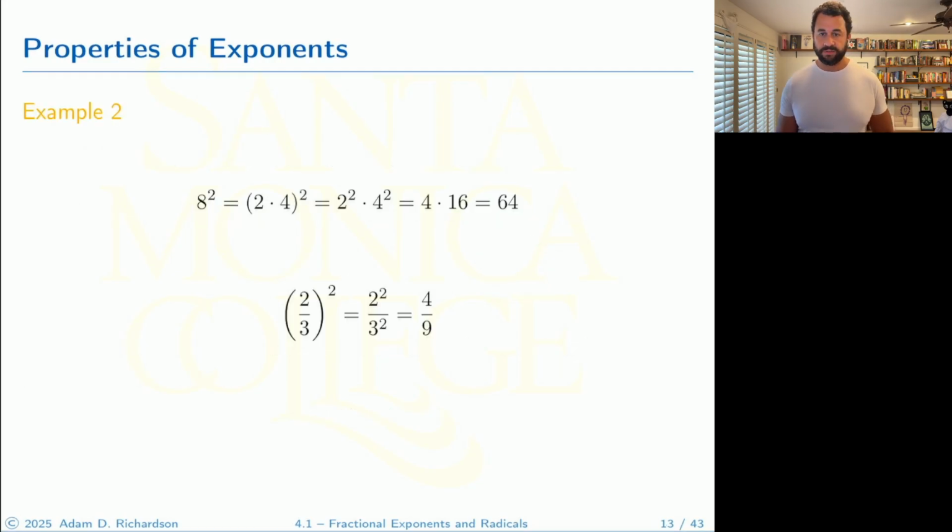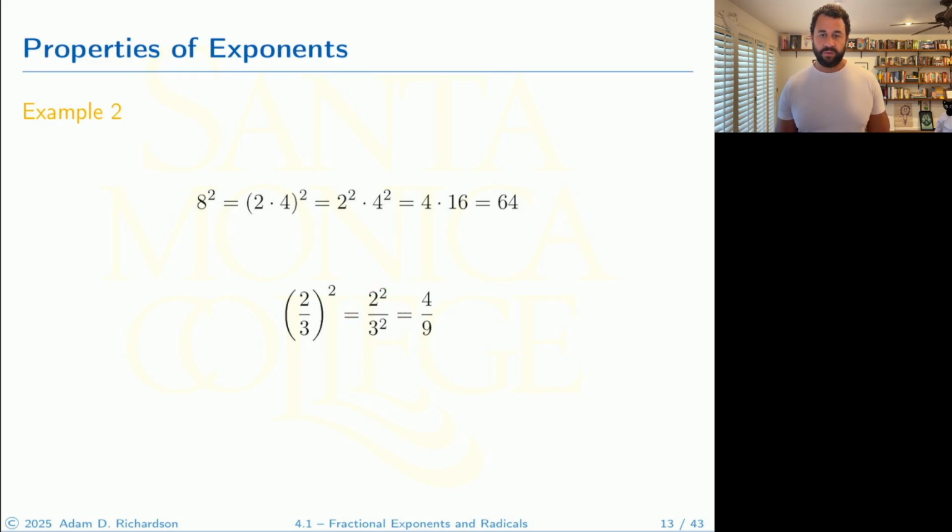Let's look at a couple examples real quick. So here, think about eight squared. Eight is equal to two times four, and we can apply that two to the two and the four, and you'll still get 64, just like you would expect with eight squared. Same here, two over three, two squared over three squared, which is 4 over 9.